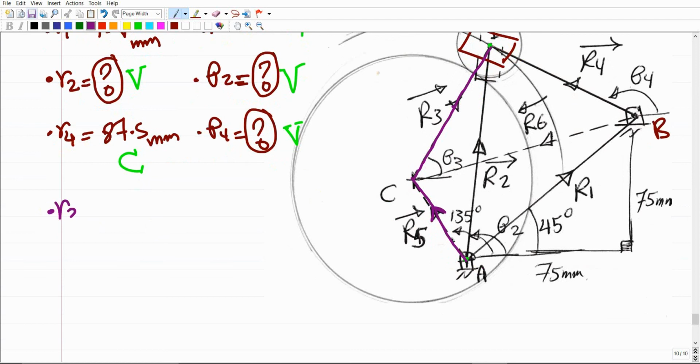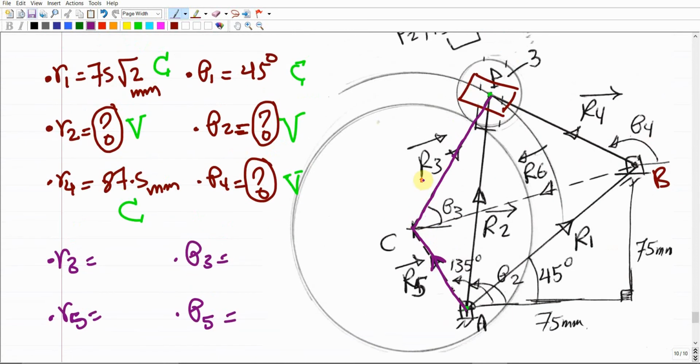Then you define R3 and theta 3, also R5 and theta 5. I defined these 2 extra position vectors just to give me the direction theta 2. Make sense? This is like doing some trigonometric calculations, but we're going to do it through the complex algebraic method.